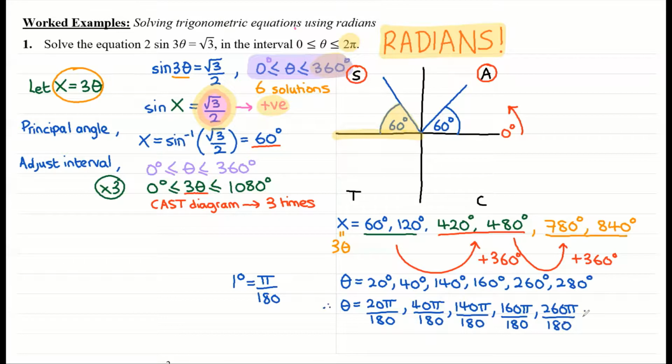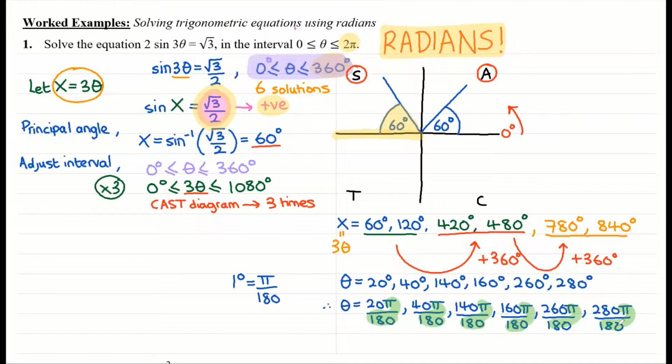And 280 pi over 180. So if you're converting from degrees to radians, this is the quick way of doing it. You see, you just have the pi over 180 multiplying every single one of these. Now, there's nothing wrong with the answer except they probably need to be simplified.